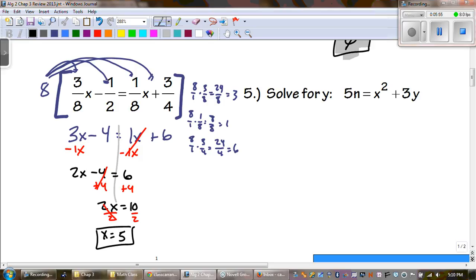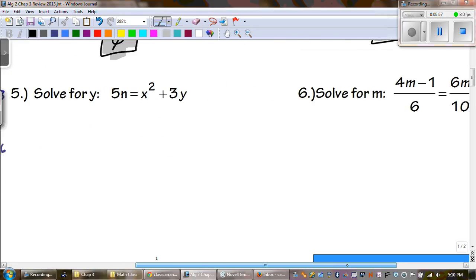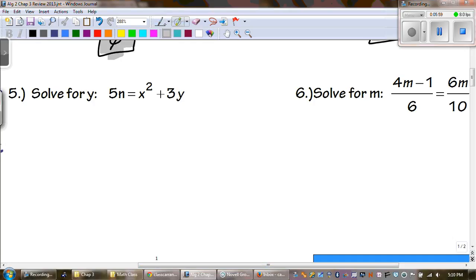All right, number 5. We want to solve for y. Now remember, the first thing we want to do is get that x to the other side. So we then have 5n minus x squared equals 3y.